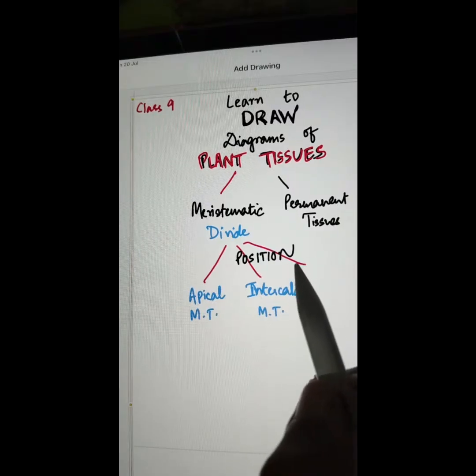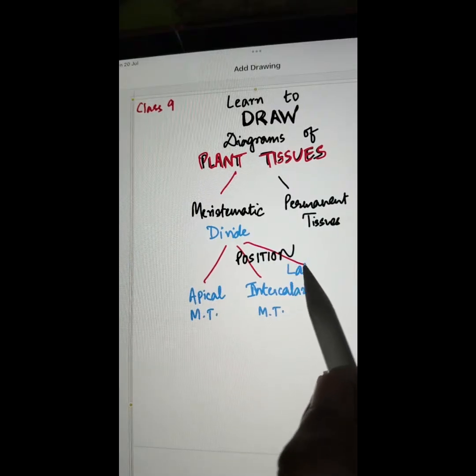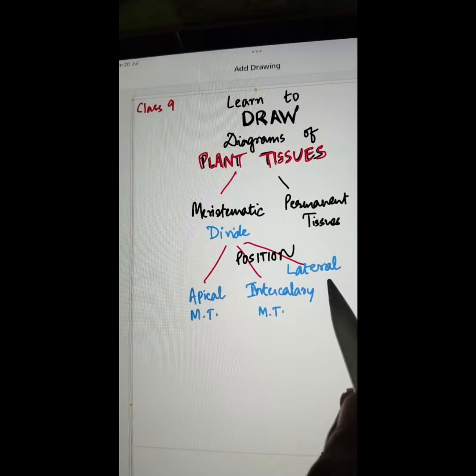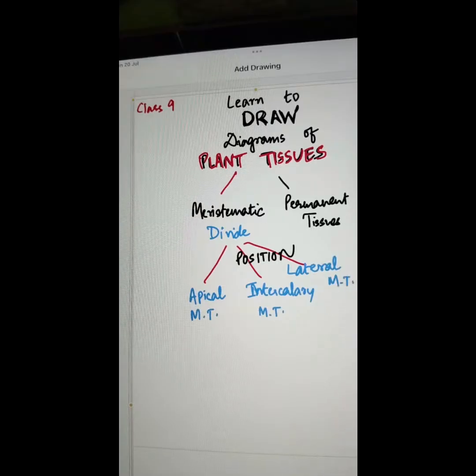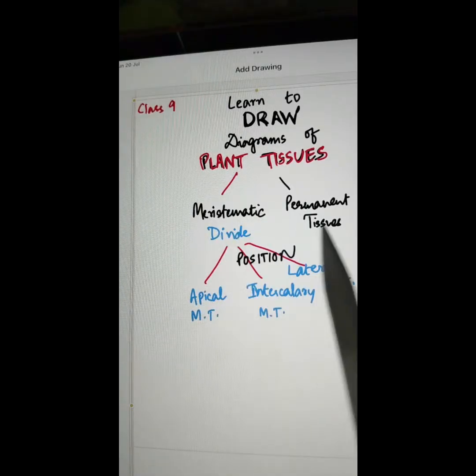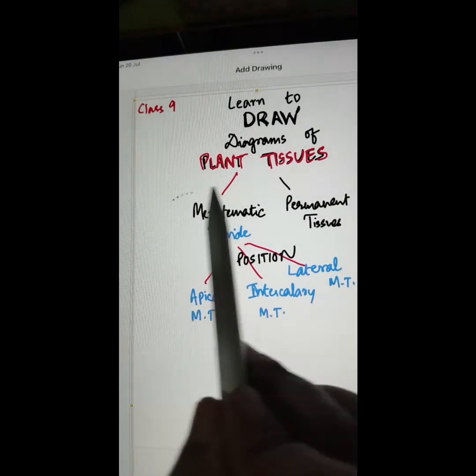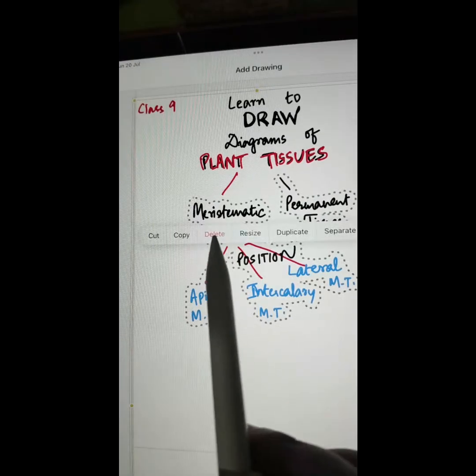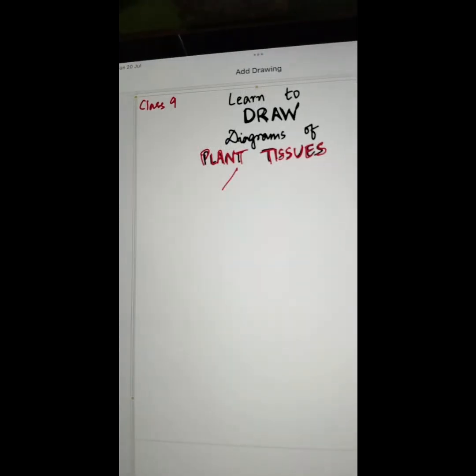And then we have lateral meristematic tissue. Okay, so we will be learning the diagrams of all the three types of meristematic tissues because we are learning that as per the position they are of three types, so where they are being located. So let's go ahead and then we will be drawing the diagram.